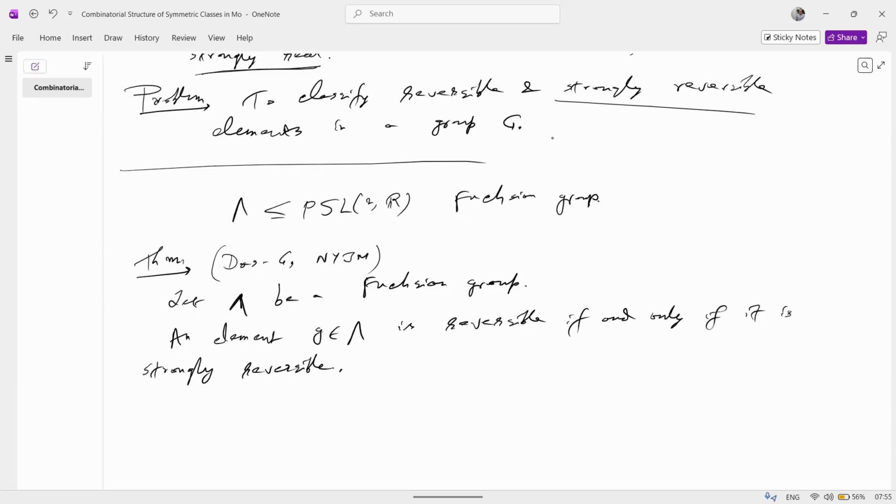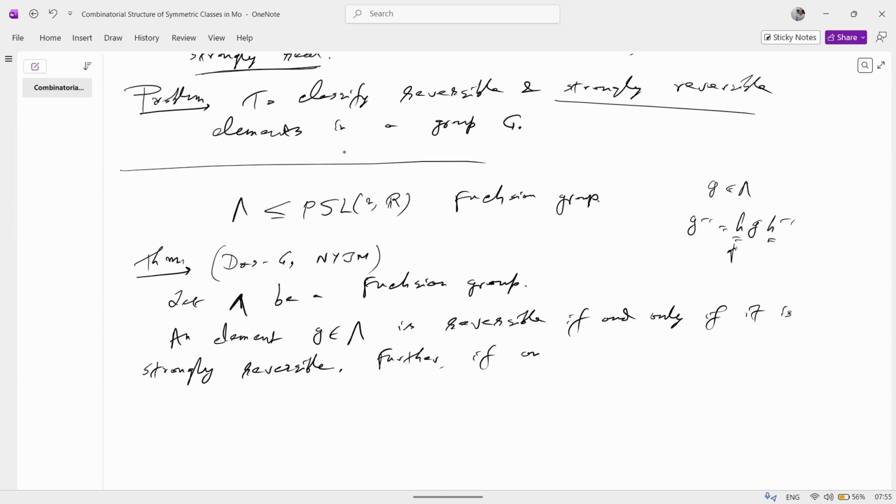So, if you take any group, reversible means g inverse is conjugate to g. And strongly reversible means one can obtain a conjugator h which is an involution. But for Fuchsian groups, something more happens.